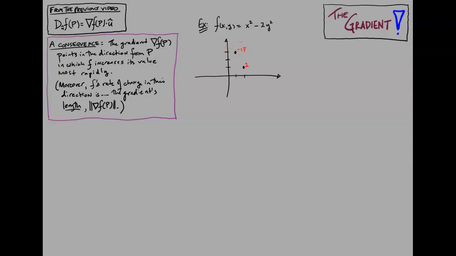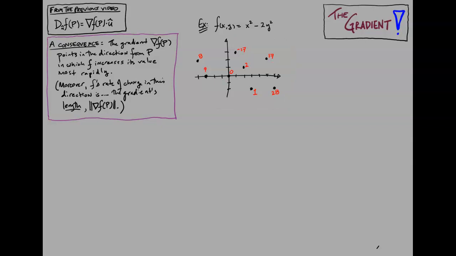So I'll label that point with minus 17. Again, if we want to think about these as temperatures, it's minus 17 here, it's 2 degrees right here. And you can imagine that at every point in the plane, there is a scalar associated with it. So we have this scalar field here represented quite literally by putting a scalar next to every point.